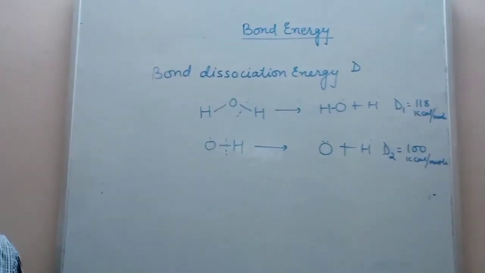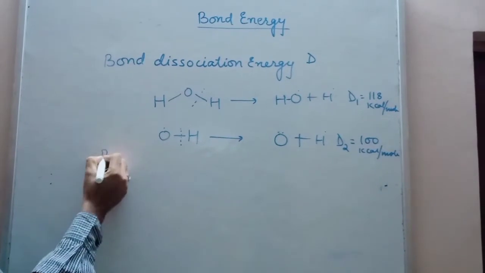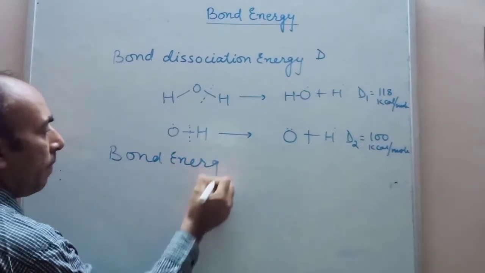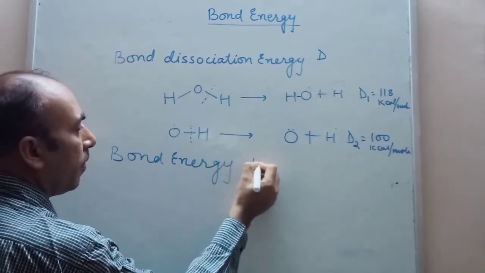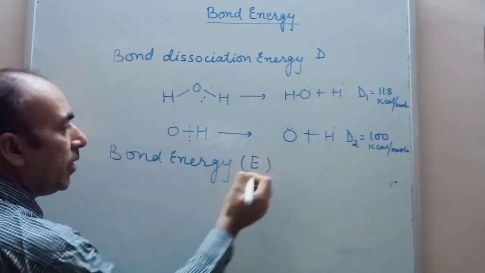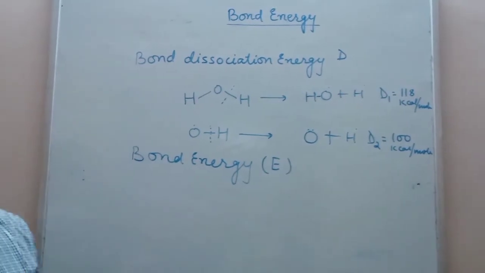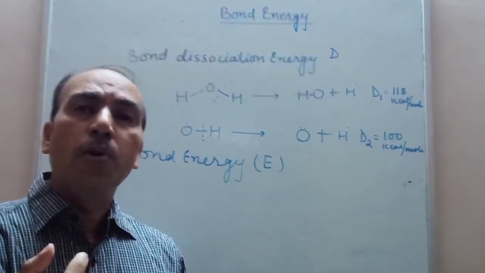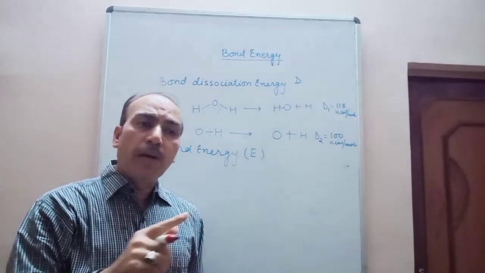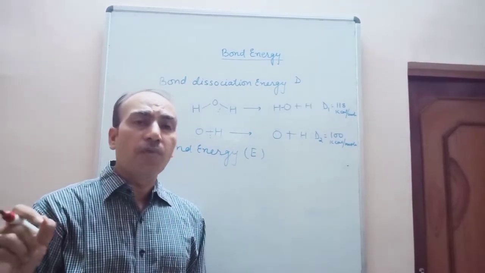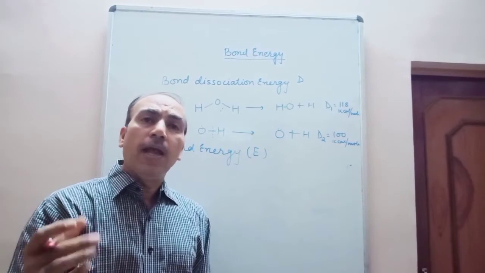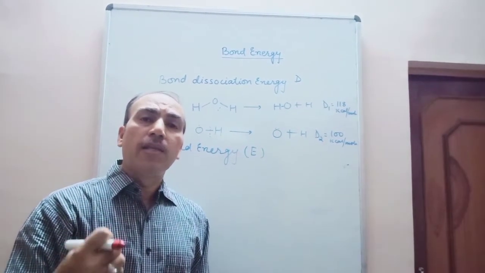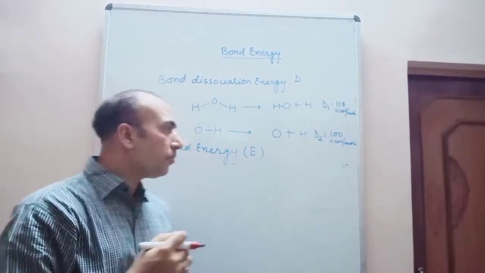Then what is bond energy? It is represented by E. In a polyatomic molecule, when there is more than one bond of the same kind, we calculate the bond dissociation energy of each bond, and then we find the average of those bond dissociation energies. It gives you the bond energy.